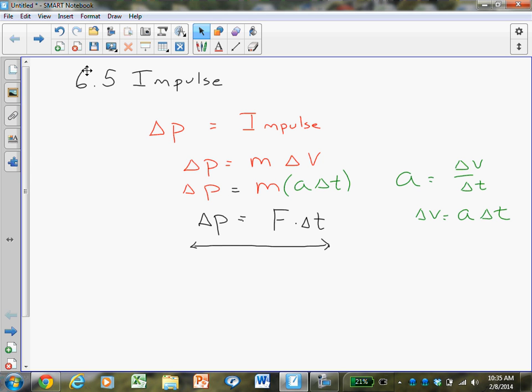So if you increase the amount of time, then the force is smaller to produce that same impulse. So that's why we have padded dashboards, and we have airbags. That is increasing the amount of time over the collision as we stop. Instead of just hitting a brick wall, we extend that amount of collision.